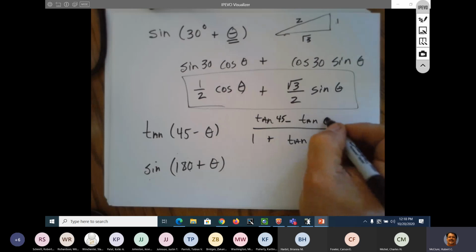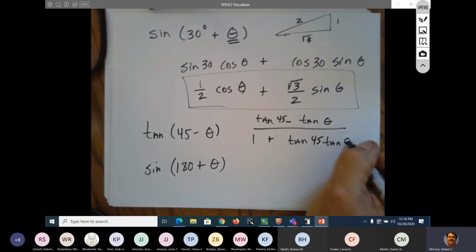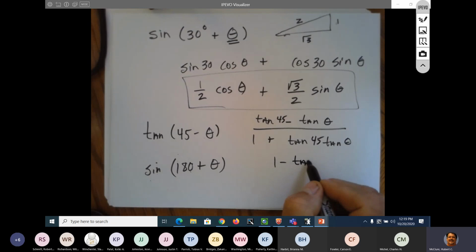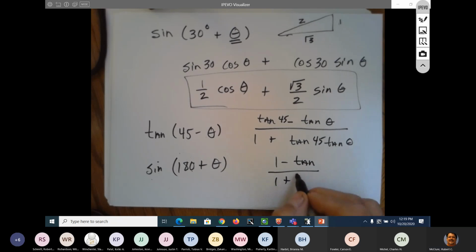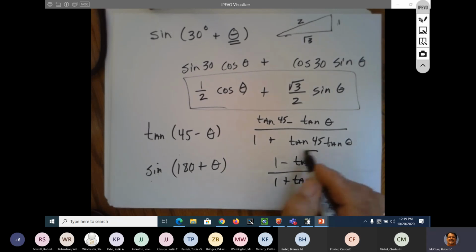And this is going to be theta. And the tan of 45 is 1. And that's going to be 1 minus tan over 1 plus the tan. That's your answer.